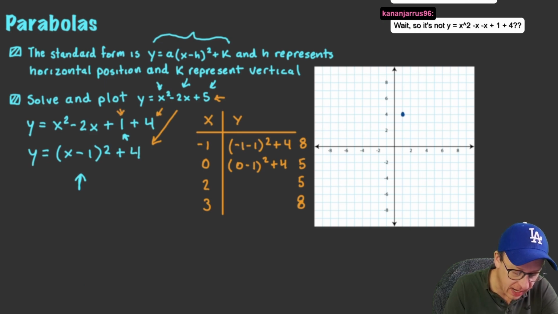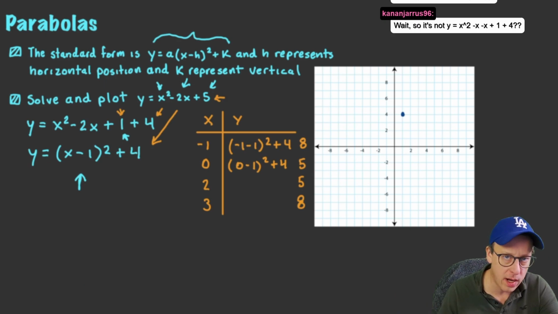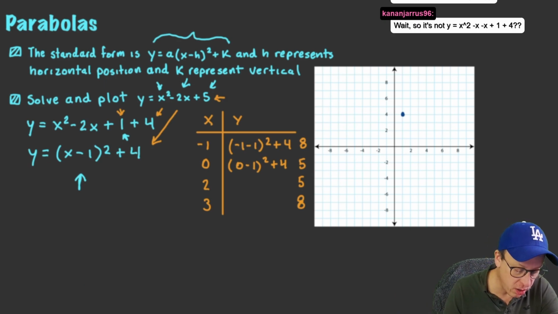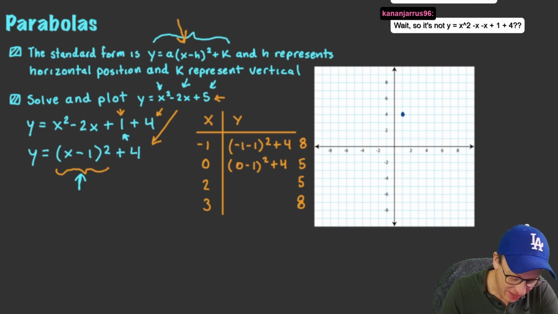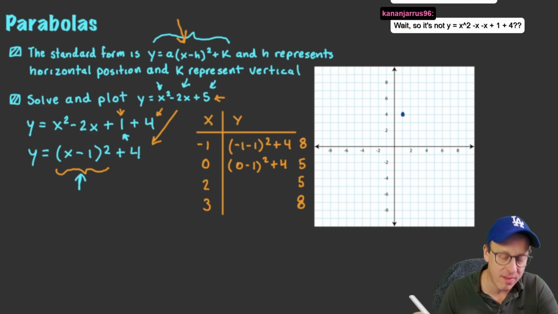And then that gave us x squared minus 2x plus 1. And x squared minus 2x plus 1 is exactly the same as this, if our goal is to get this form that you have up here. Okay? Hopefully that wasn't confusing at all. So there we are. And that is the reason why we changed a 5 into 1 and 4 so that we could complete the square in that situation.